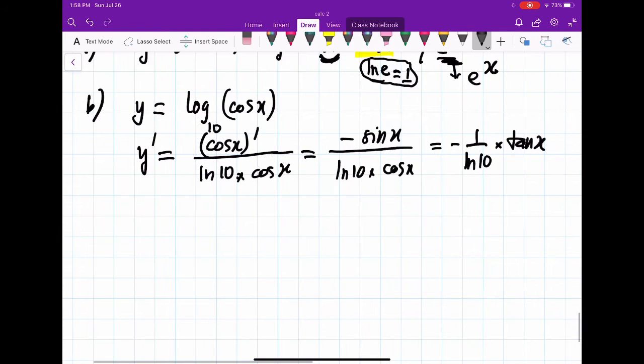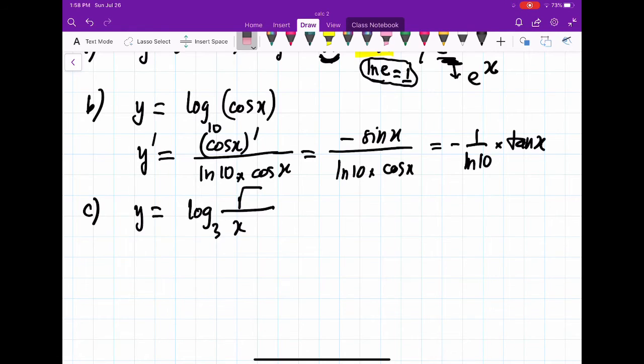Next problem. This function is more complicated, but that's fine. It is the square root of 5x plus 5. We have a chance to recall some properties of logarithmic functions.